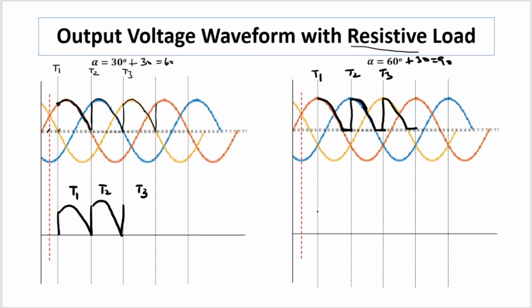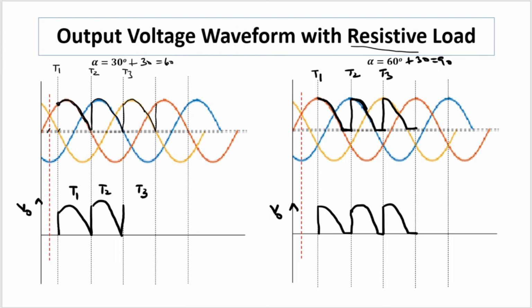So the output voltage waveform will be a bit different, and current is clearly seen to be discontinuous. Current becomes 0 means discontinuous current operation. So this is how we can draw the waveform corresponding to voltage V0 for both the cases.